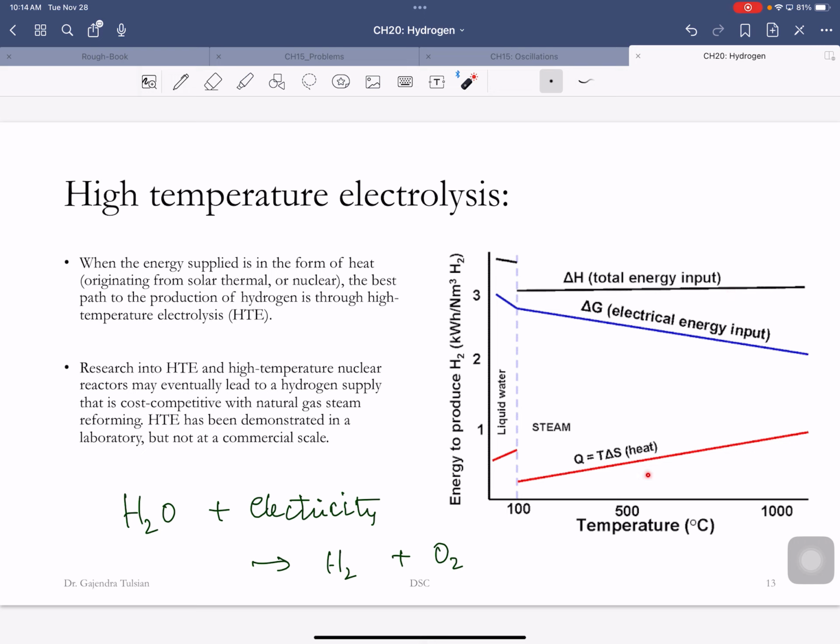So if you had some place where you had heat that was being wasted, you use that heat and you'd have to produce less electricity to produce hydrogen. Where's this electricity coming from? Wind and solar. So with less electricity, you're producing more hydrogen. So that's the idea.